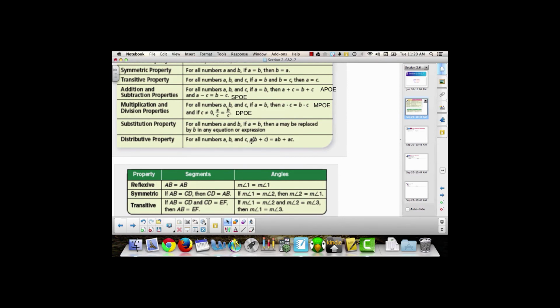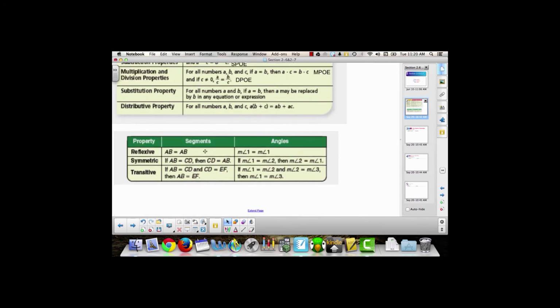When I have a number in front of a sum or a difference in parentheses, I can multiply that number through that sum or that difference to get this. For example, if I have A times B plus C, that's the same as A times B plus A times C.